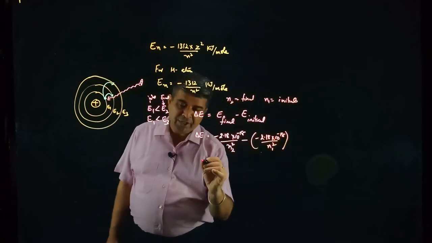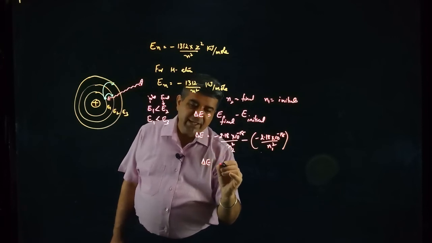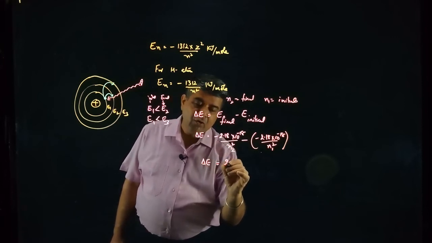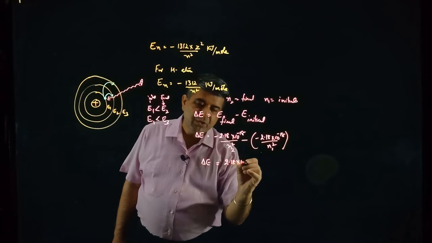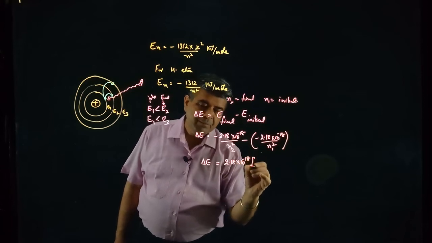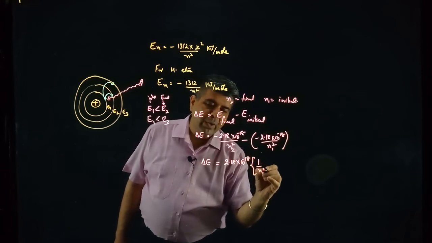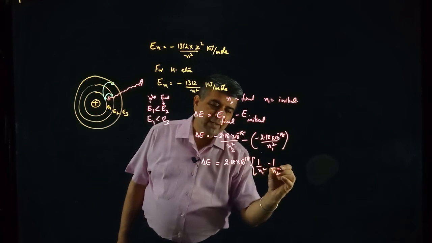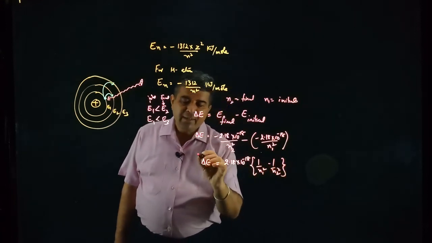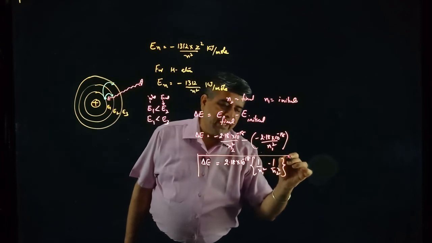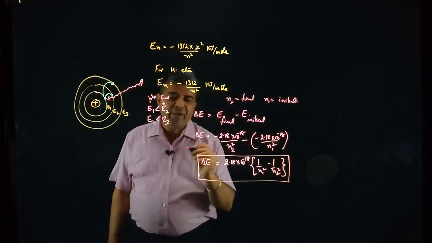Now shuffling the terms and taking out common 2.18 into 10 raised to power minus 18, we get 1 over N1 square minus 1 over N2 square. So this is the formula for calculating the energy required for the electronic transition.